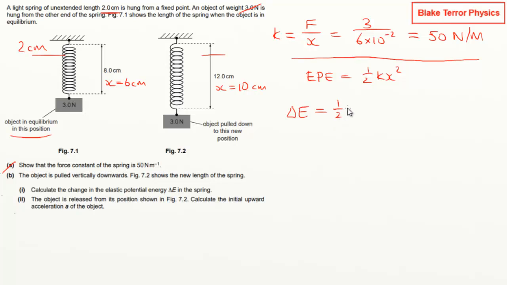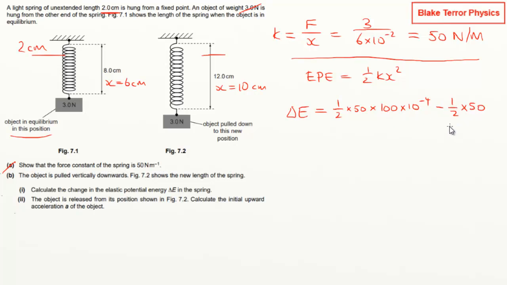So that is a half multiplied by 50 multiplied by 10 centimeters squared. So I'm going to say that is 100 times 10 to the minus 4. So I've put in 10 to the minus 2 and then squared it, just to make the numbers a little bit easier. I don't want to have these hugely small decimals floating around.